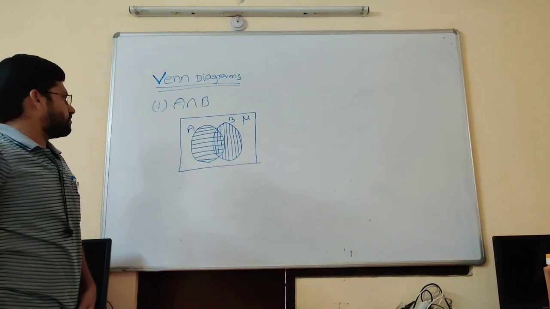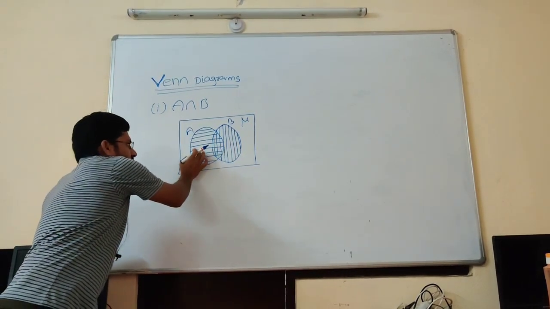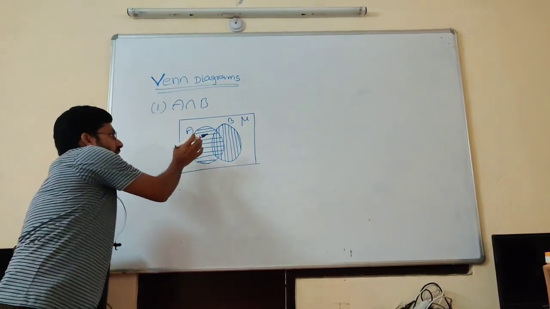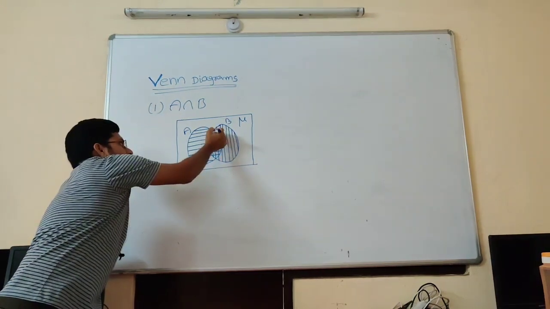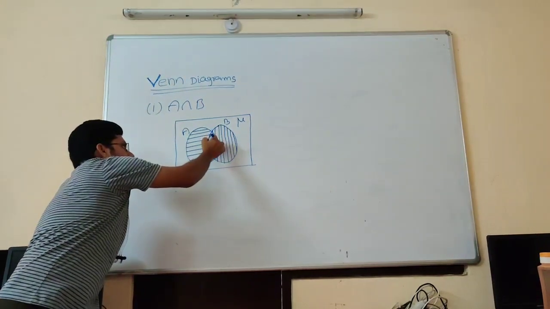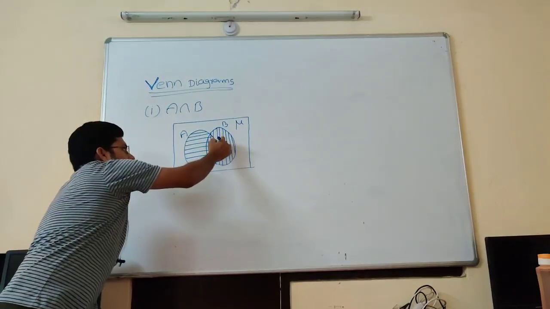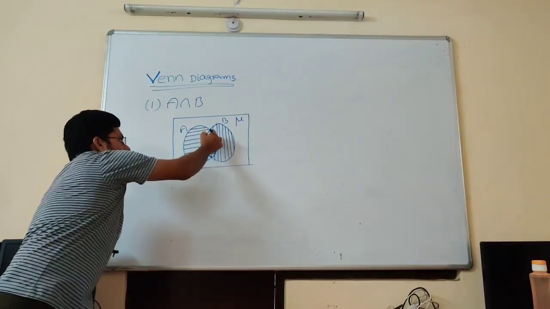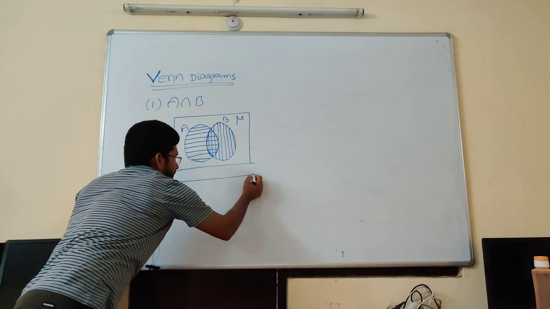Let's look at the board. Here, this is set A, this is set B. Where these two sets overlap each other, there we have some common part. Means, where the horizontal lines and vertical lines come together, that is the common part.